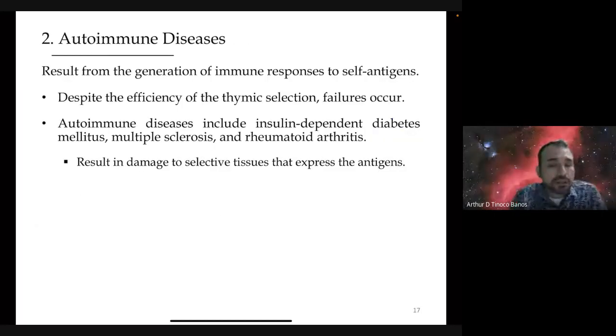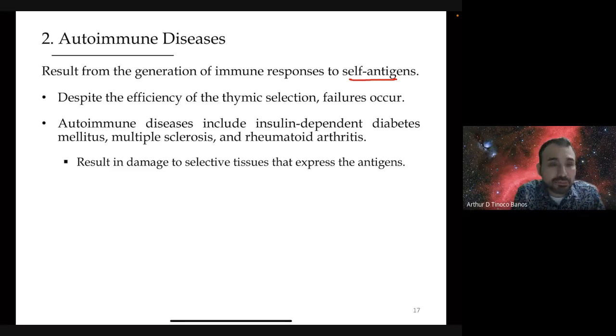All right, so what exactly is an autoimmune disease? That occurs from the generation of an immune response to self-antigens. This occurs even despite the thymic selection process, both the positive selection followed by the negative selection. Well, failures do occur, and so you do have these autoimmune diseases that can develop.